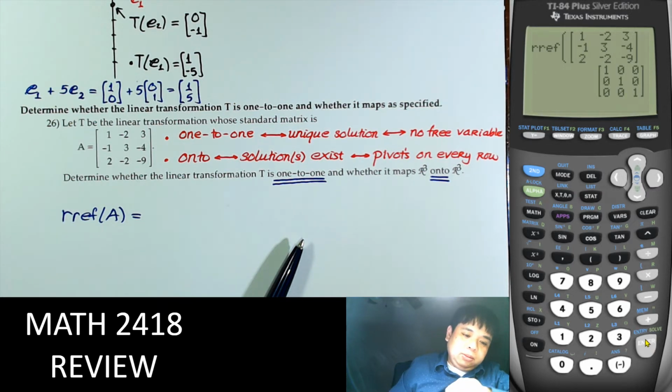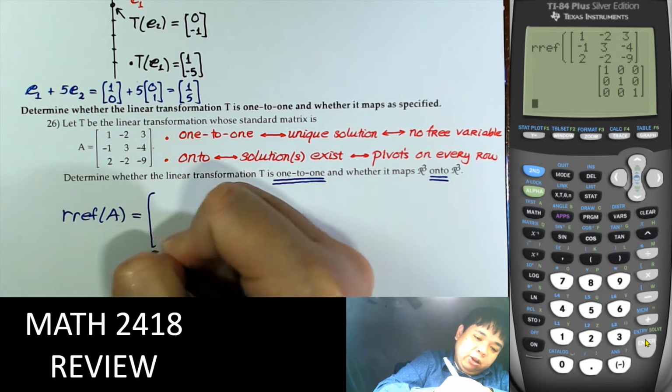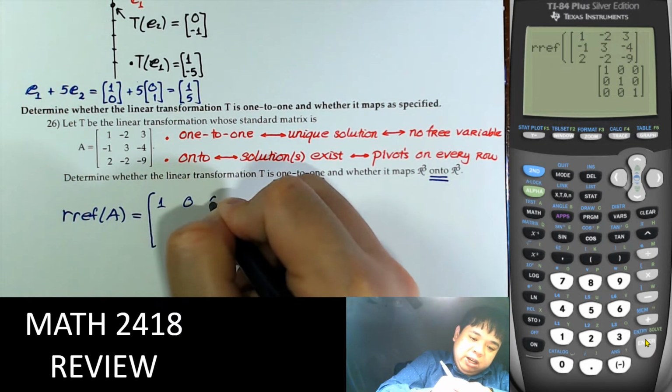Right. So when we do that, we have the reduced row echelon form of the identity matrix.